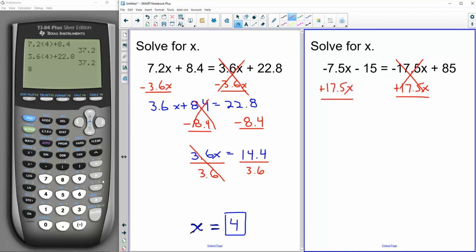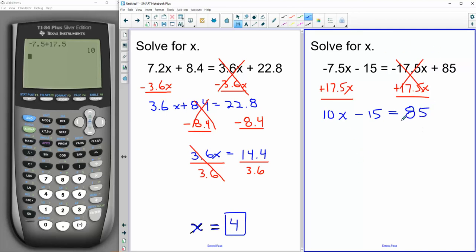Okay, so negative 7.5x plus 17.5x is just 10x. Do not type the x into the calculator. You don't need to do that. So it's 10x minus 15 equals just the 85, because the whole point of that step was to get the negative 17.5x off of the right side.